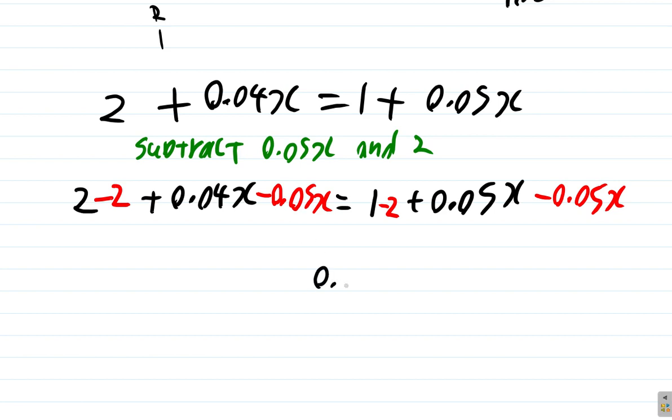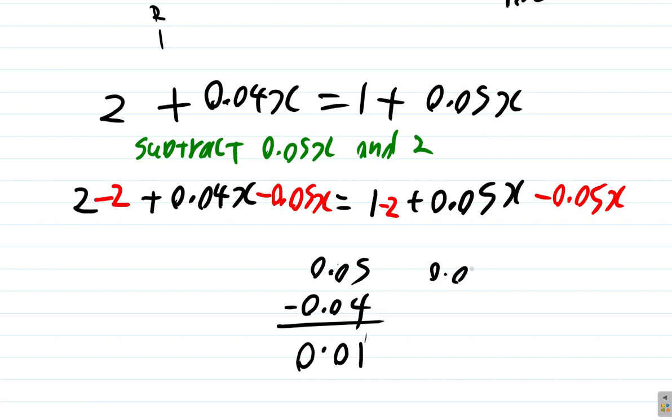If you want to write it down like this, suppose you say 0.05 minus 0.04. 5 minus 4 is 1. 0 minus 0, 0. 0 minus 0, 0. You would get a positive 0.01 here. But when you switch it around and say 0.04 minus 0.05, what you will get is a negative 0.01, right?